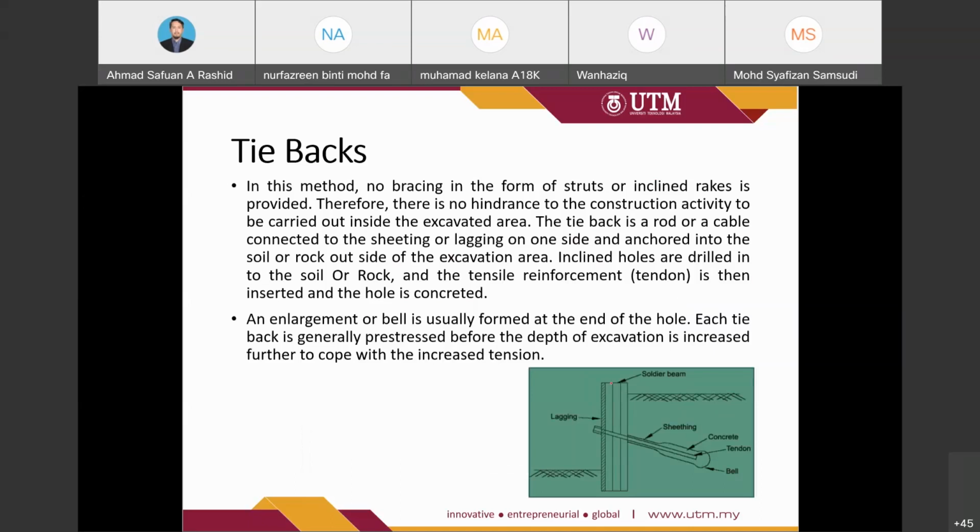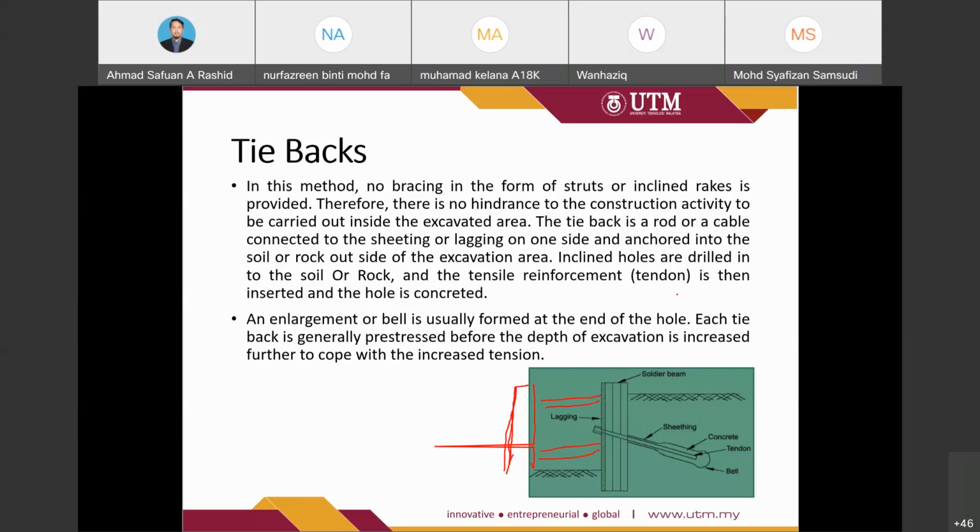So there will be no use of the strut, and they can have a very free area inside the excavation hole.